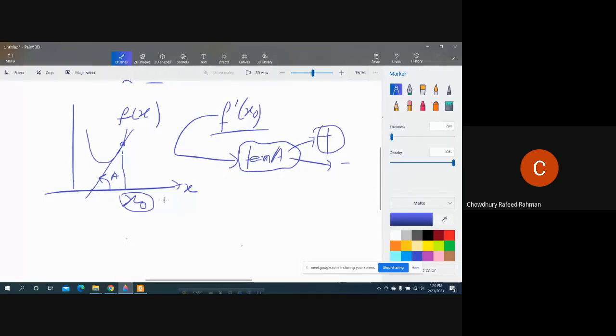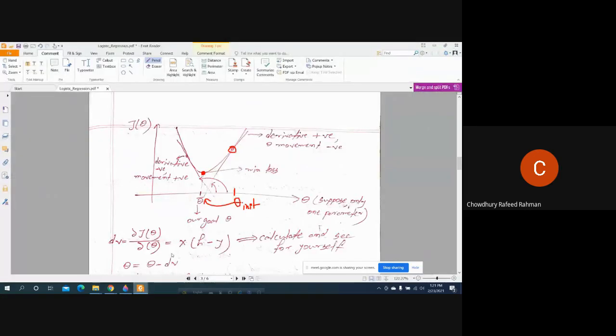Okay. Now, is this clear so far? Have we understood up until now about the positivity? Yes, sir. Tan A is positive. Okay. So again, let me come here. So tan A is positive. We can understand that. That means the derivative is positive.